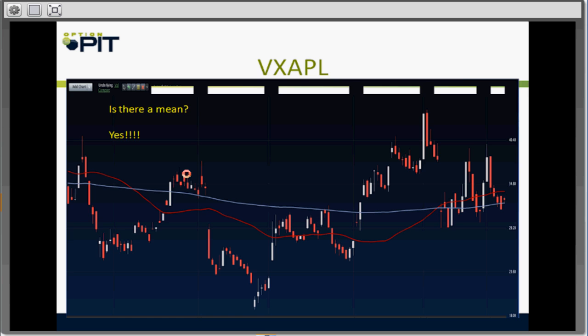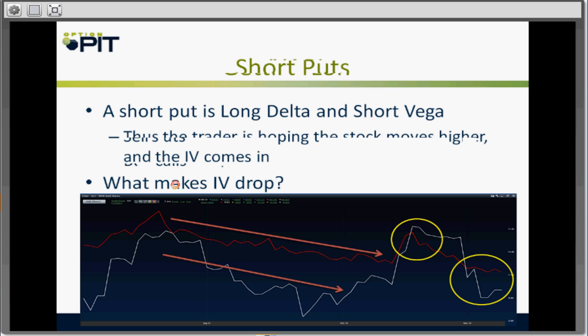So for instance, this is GLD, all right? And you see that vol is really expensive. The red line is implied. The reason why I look at realized is I like to know if there's a good reason. I like to see what is happening with the underlying and whether implied vol has a reason for being elevated.